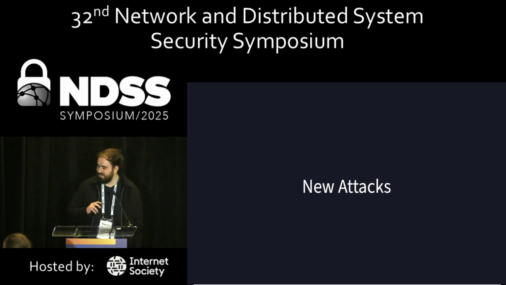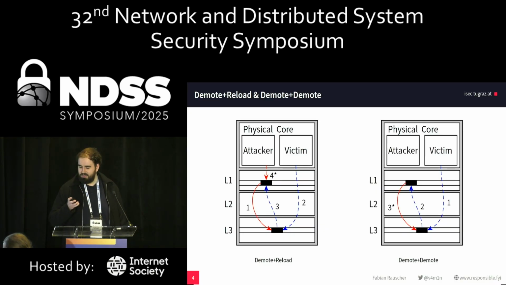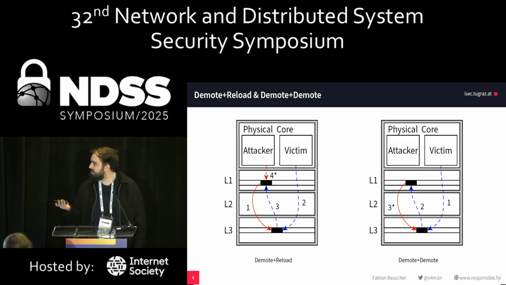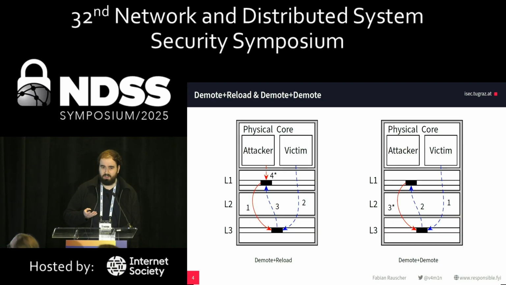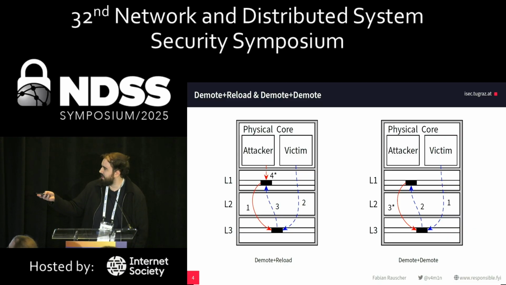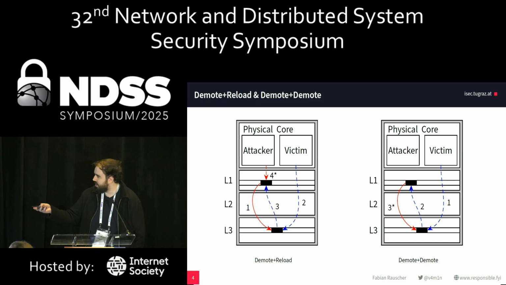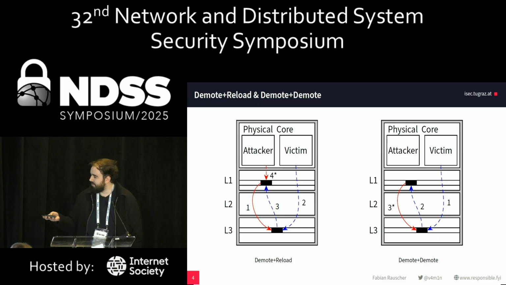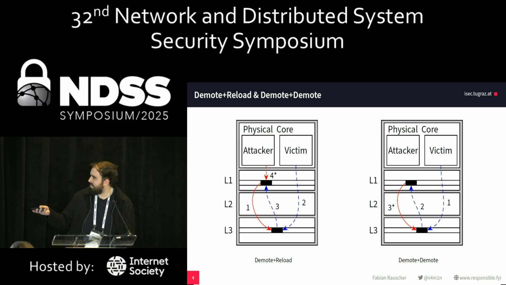Okay, so what can we do with this? We of course built some new attacks. Two of those are very similar to Flush and Reload and Flush+Flush, if you know them. The first one is Demote and Reload. The attacker executes CL-Demote on a cache line, moving it to the L3, and if the victim now accesses this cache line again, it gets moved back up into the L1.